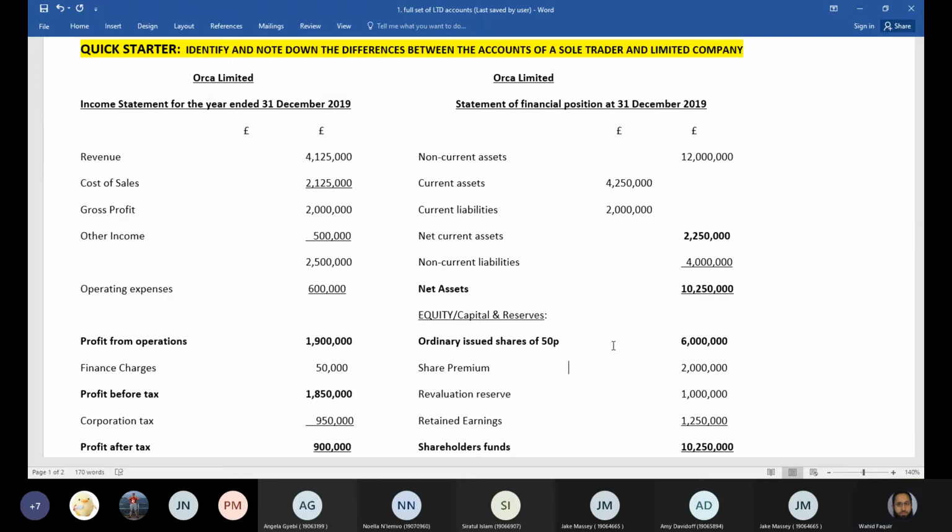Tremendous. Amy's saying revaluation reserve. So looking at Jake's backup for fluctuations in valuation of assets. Interesting. So Jake, did you mean when non-current assets go up in value, that has some link to the revaluation reserve? Is that what you meant?